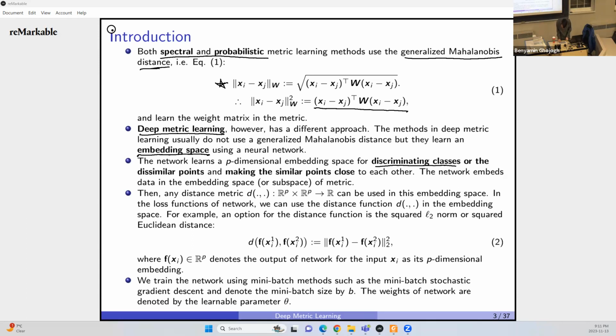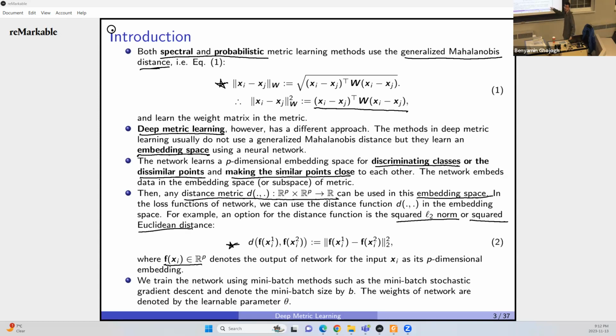So discriminating classes or dissimilar points and making the similar points close to each other, right? And any distance metric can be used for learning this embedded space as a loss function, for example, such as a squared L2 norm or a squared Euclidean distance, right? F here is what?